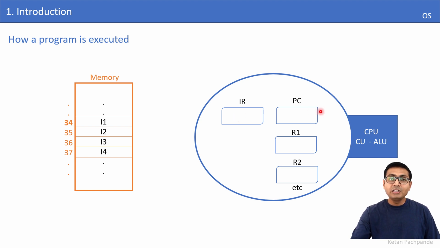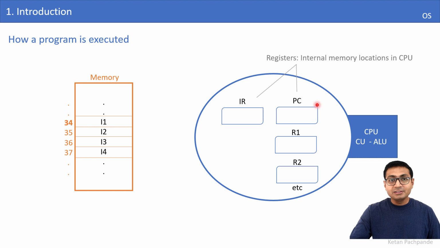Now how the CPU will know which instruction I want to fetch, that is which instruction I want to copy from the memory and execute it? That's how the program counter is useful. So when the program is loaded in memory, the OS initializes the value of program counter of CPU to a certain address.